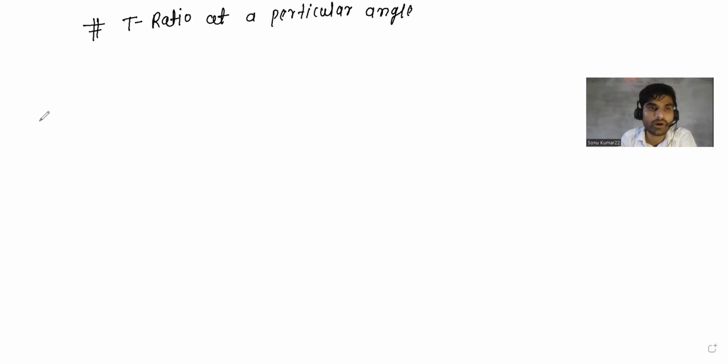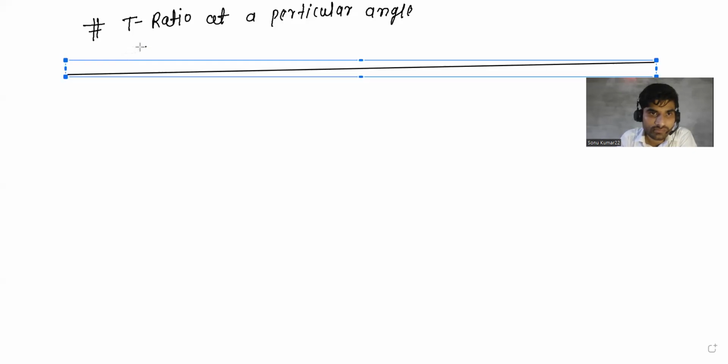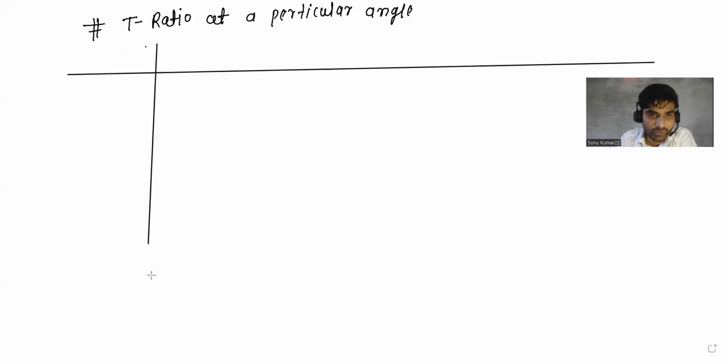We have to first of all create a table. Let me take the line so that you can easily draw. First one, this is for the trigonometric ratio.